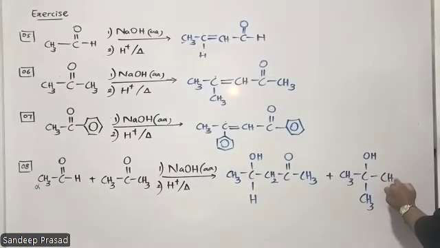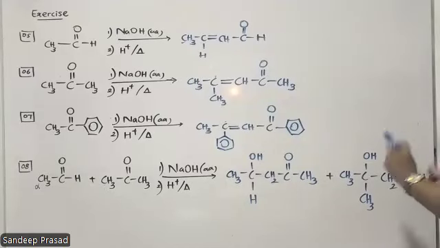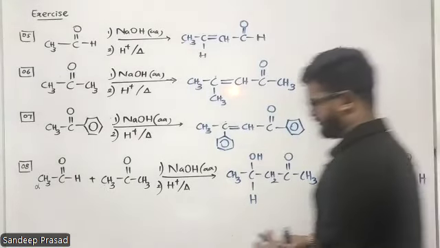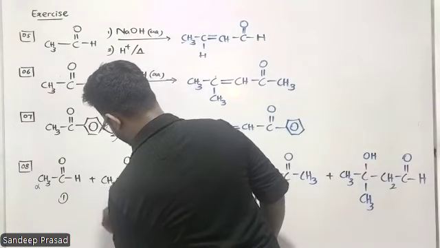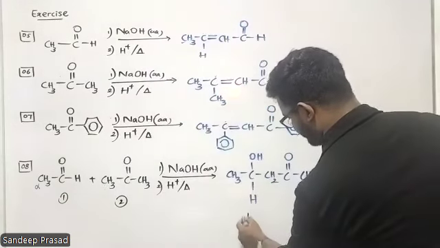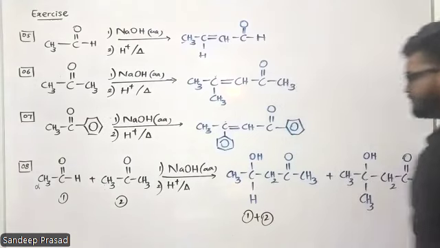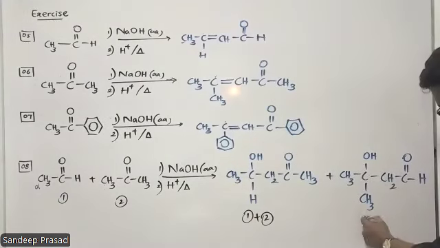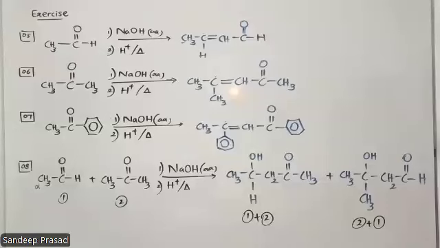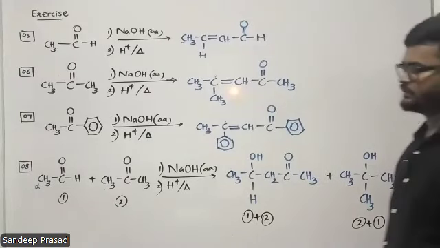Then CH2, C double bond OH in this way. Then both the products are possible, right? So if I consider this is number 1 and number 2, this is the product that we obtain by connecting number 1 and number 2 in order, and this is the product that we obtain by connecting number 2 and number 1. Got it? Right. That's all.